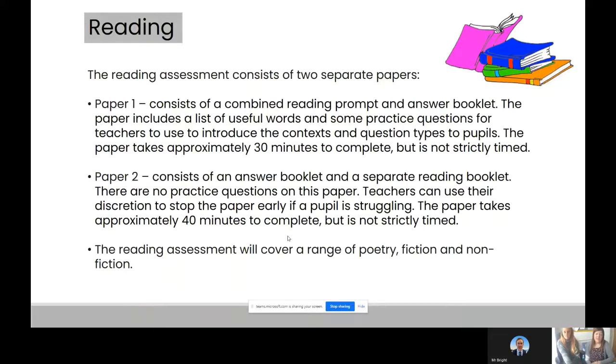Like paper 1, it says it could take 40 minutes, but again, it's not strictly timed, so there are no timings on them. The reading assessment covers a range of poetry, fiction and non-fiction, and again, these are things that we are consistently doing in school to ensure the children have lots of coverage of those skills.